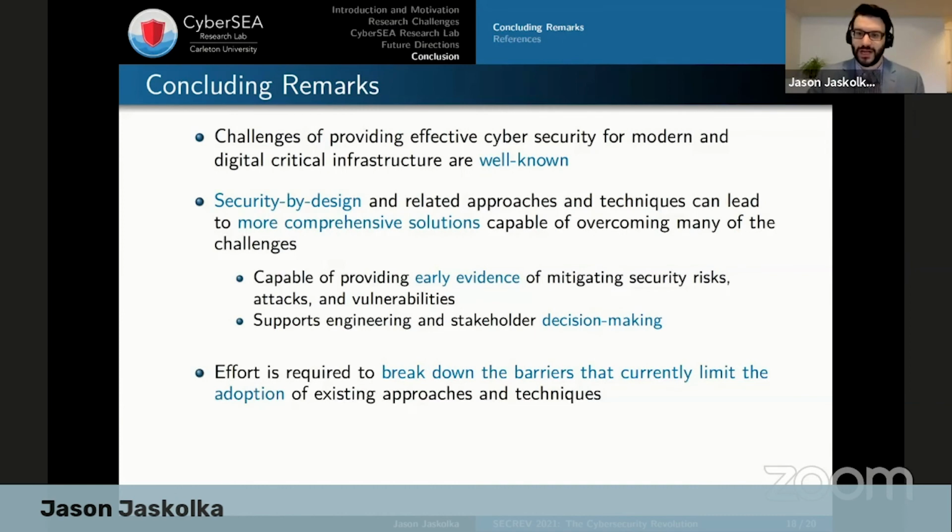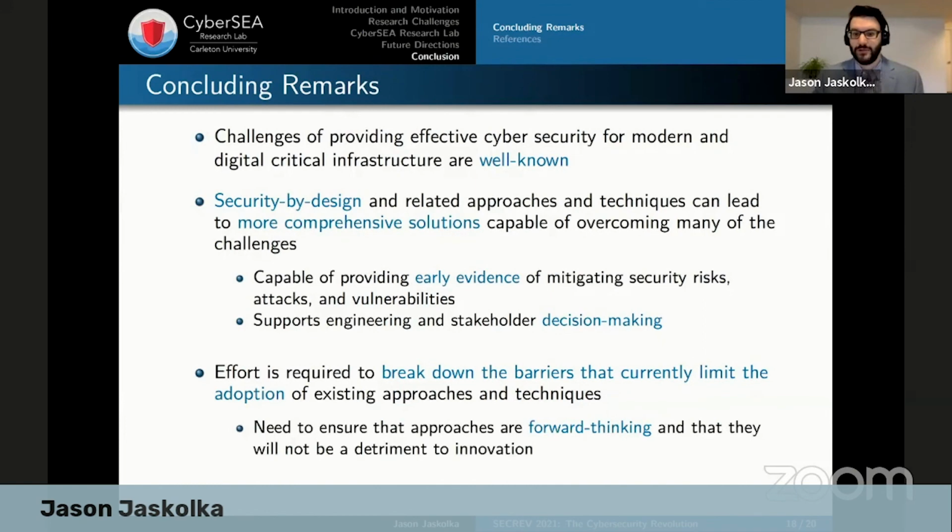But of course, there's still lots that can be done, and effort is going to be required to help break down those barriers that currently limit the adoption of a number of existing approaches and techniques. And we need to ensure that all of these approaches are forward-thinking and that they're not going to be a detriment to the innovation that will enable a more effective and sustainable critical infrastructure ecosystem for countries all over the world.